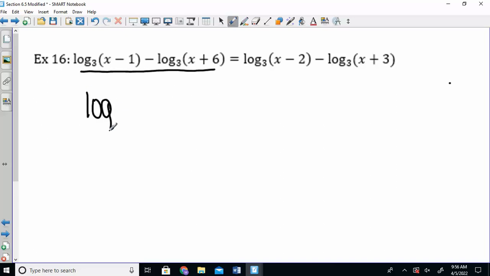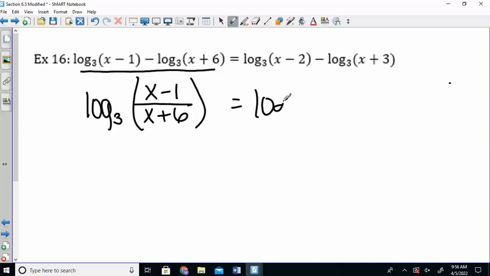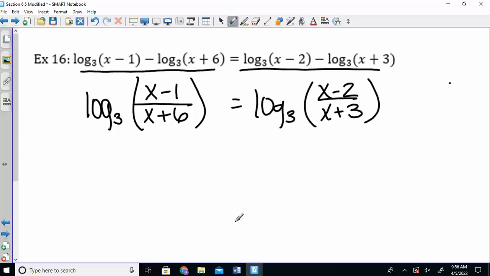So if we want to condense them into one, we divide. So it'd be x minus 1 over x plus 6. So on the other side, these are also subtracted. So we put them together by dividing. x minus 2 over x plus 3. So then we can drop our log.